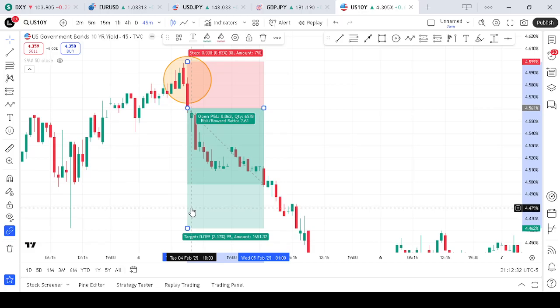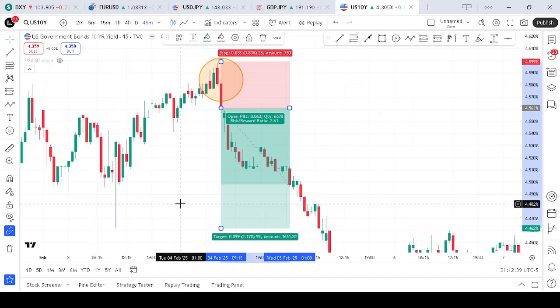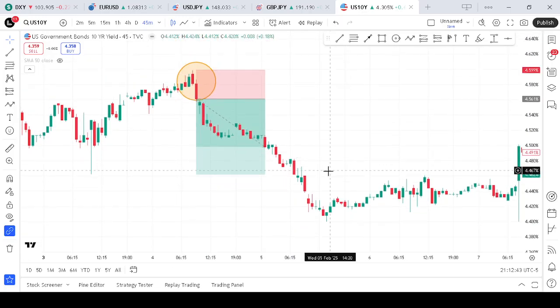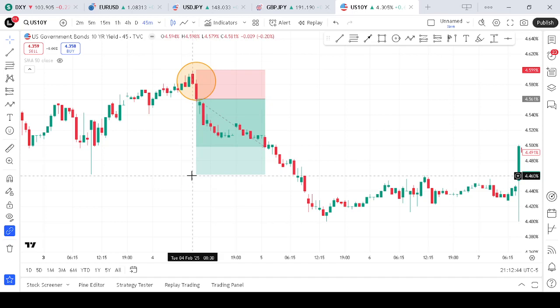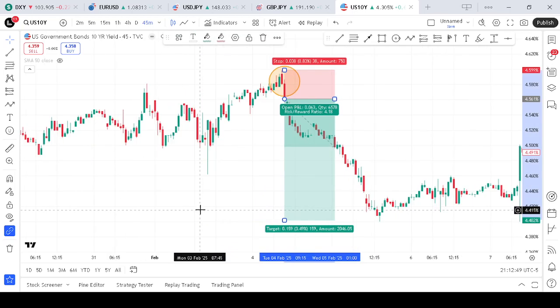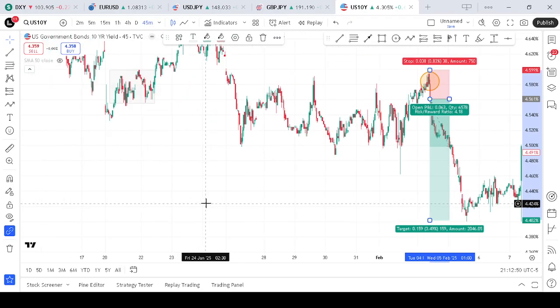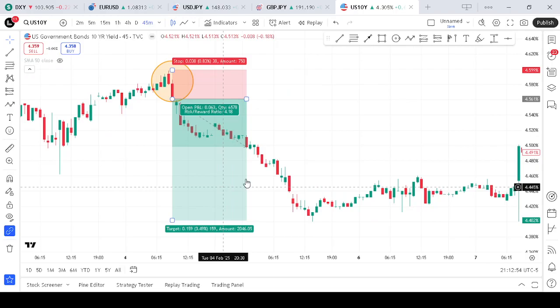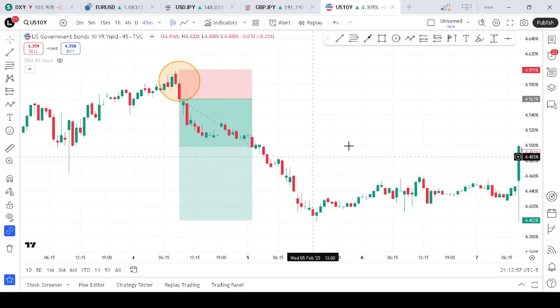For a larger move, extend your target to the next significant support level using a risk to reward of at least 1:2 or 1:3. You can extend your profit target level to the next swing low, or you can target 1:3, 1:4 as the case may be.